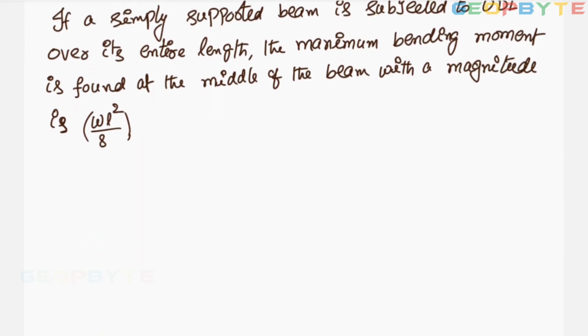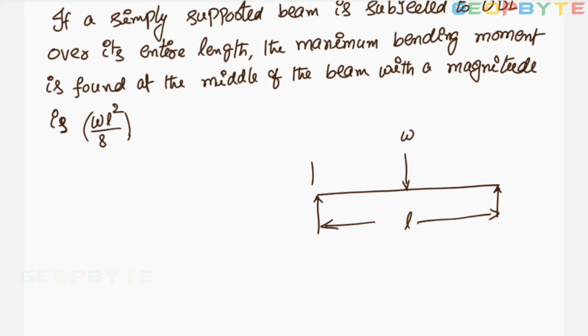Similarly, for example, if a simply supported beam of length L is subjected to a point load at the middle, then this is L by 2, this is L by 2.